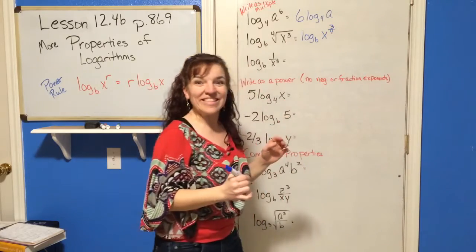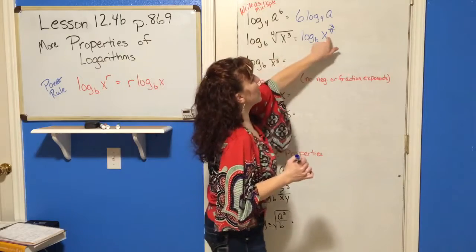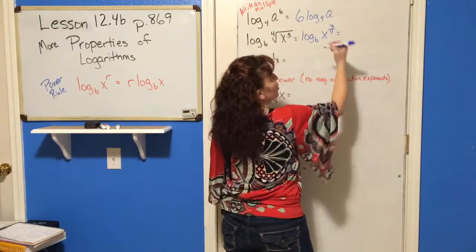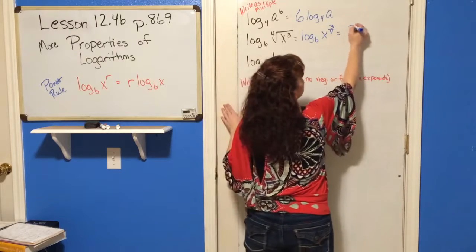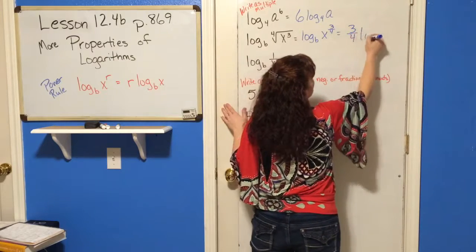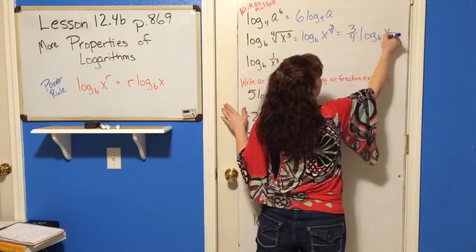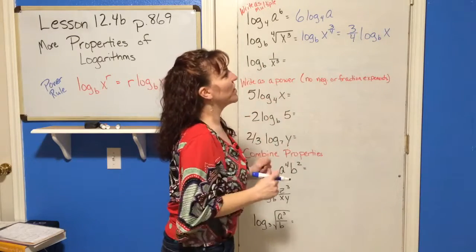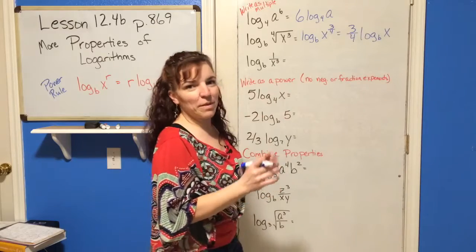Remember, that's what this means. The root is a fraction power. So once you've done that, you can just put it out front, and so it's 3/4 times the log base b of x.